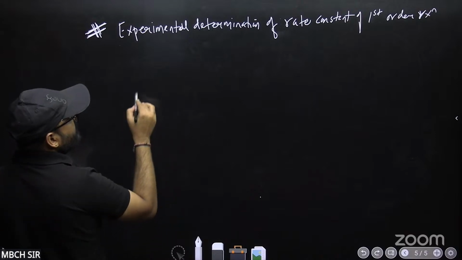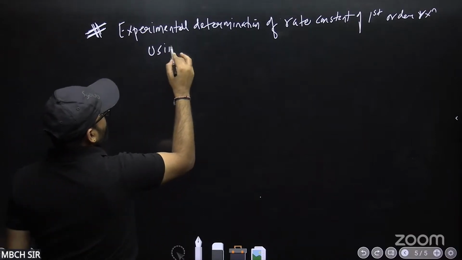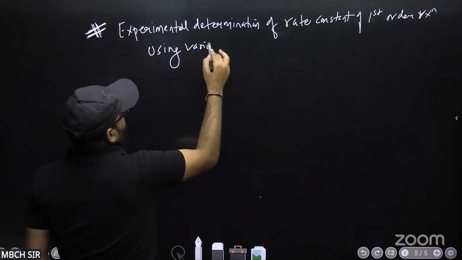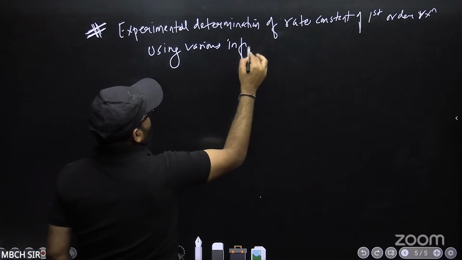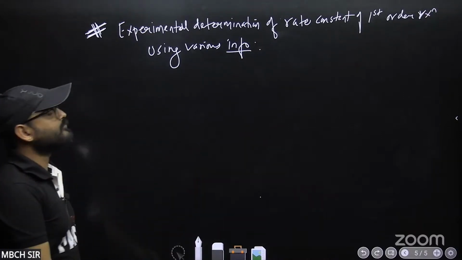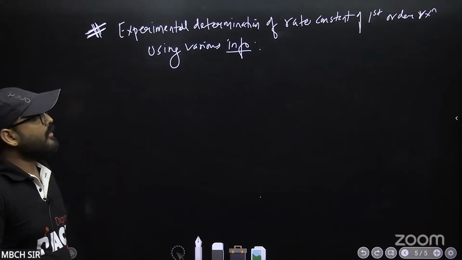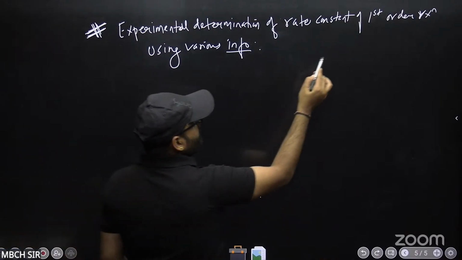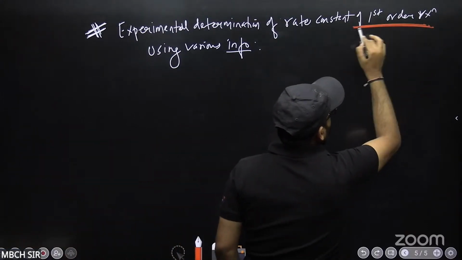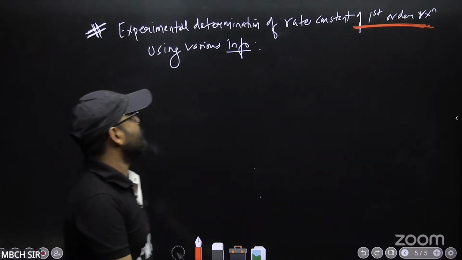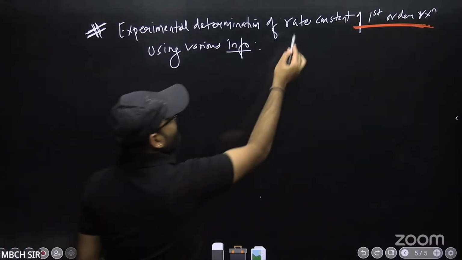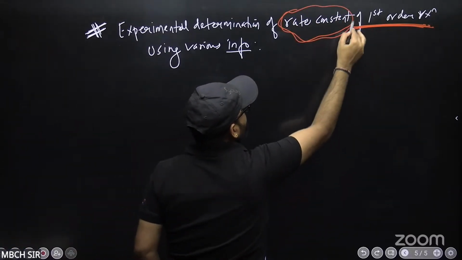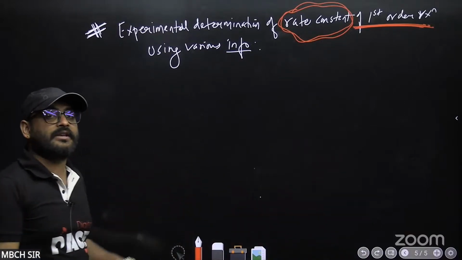Only first order reactions using various informations. Keep this in mind. We are covering here only first order reactions, and in that also we are finding the rate constant of the reaction.